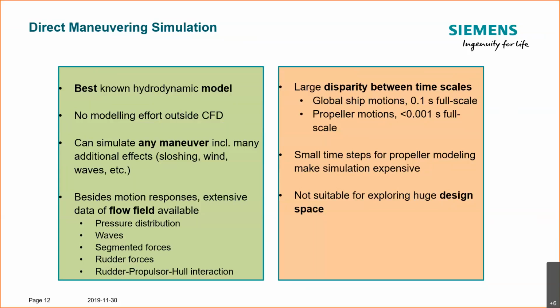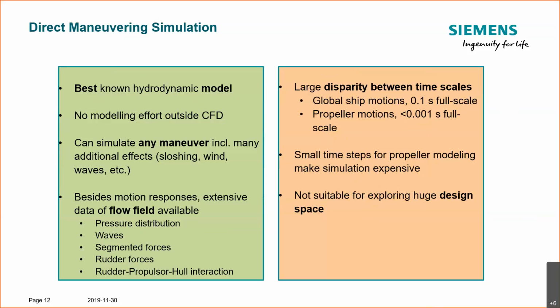However, propeller motions are the limiting factor here. Depending on the propeller model chosen, we need to choose a time step that corresponds to 2 to 4 degrees of propeller rotation per time step. So that's a couple of orders of magnitude lower than global ship motions. But this would set the time step and the cost implications ultimately.